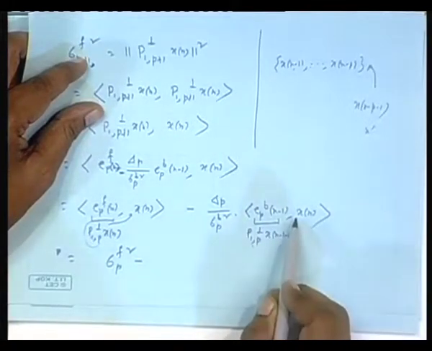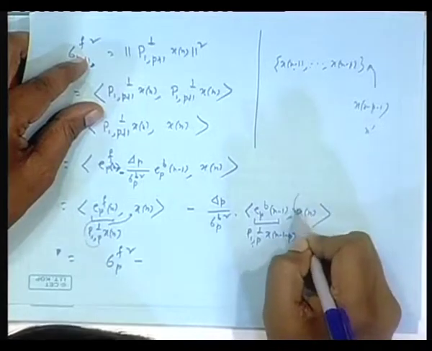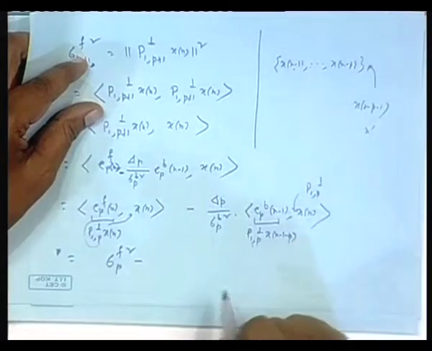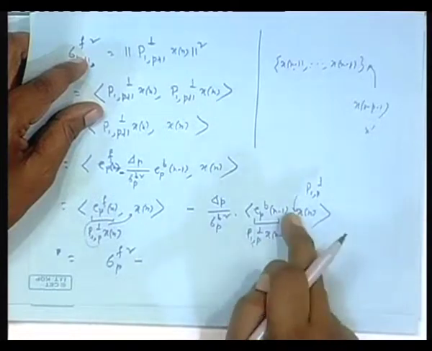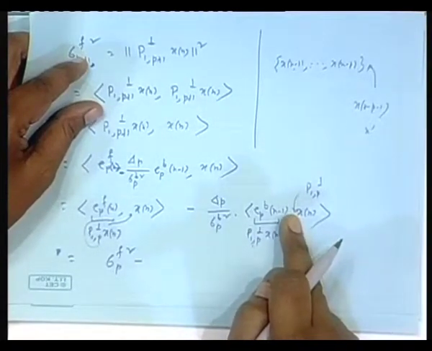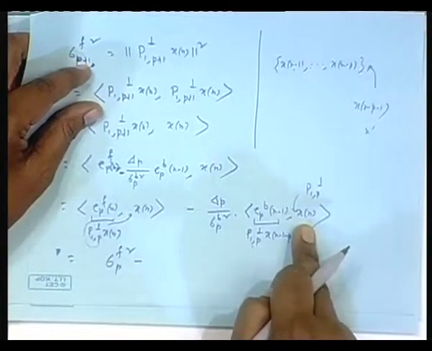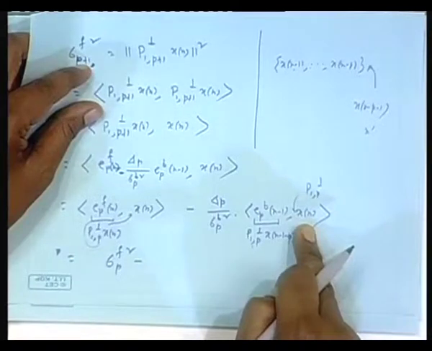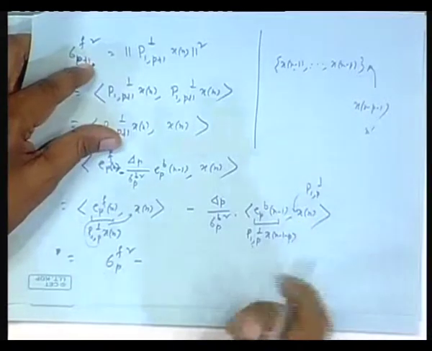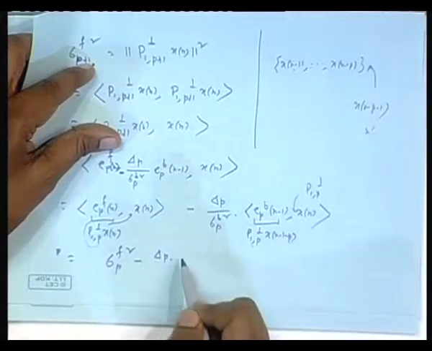And now this I can repeat on this. I can bring this P1 P perpendicular here. This operator I can repeat by the same logic. Now don't ask me to repeat the logic again. Two minutes back, P1 P perpendicular on this means what? Forward prediction. Right. So delta P, and this becomes what?